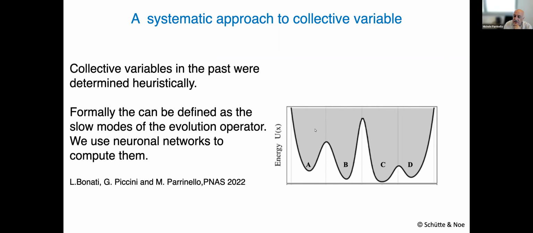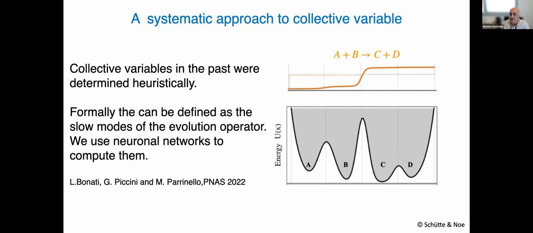Suppose you have a landscape like this, and you ask yourself, if you try to move from left to right, what are the slow modes? And of course, the slowest mode will have to be associated to the highest value, because that's what it takes. That's what slows down the propagation of your system, is the presence of this mountain.